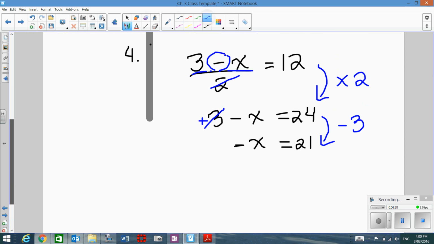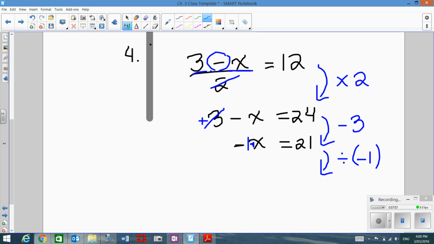So I'm going to need to do a third step in this problem. What we always want to make sure we know is that there's a negative 1 in front of that x. Anytime you see a negative pronumeral, there's always a 1 in front of the pronumeral. So in order for me to isolate the x, I'm going to notice that I am actually multiplying this negative 1 by the x. So to get rid of the negative 1, I must divide by negative 1.